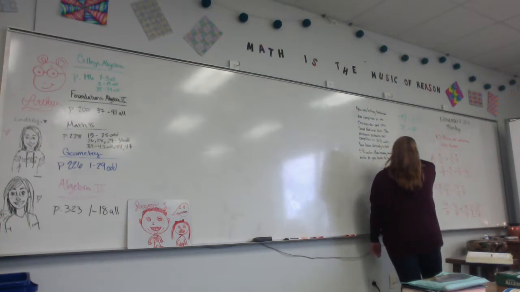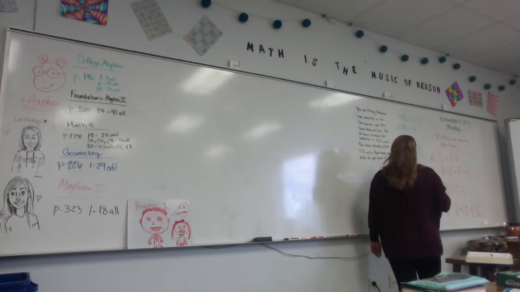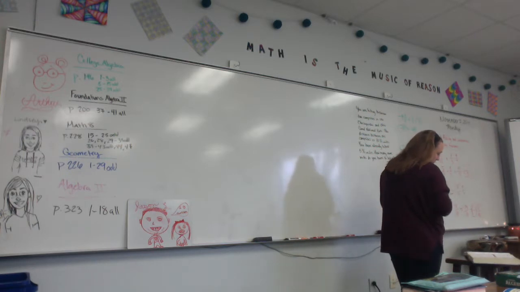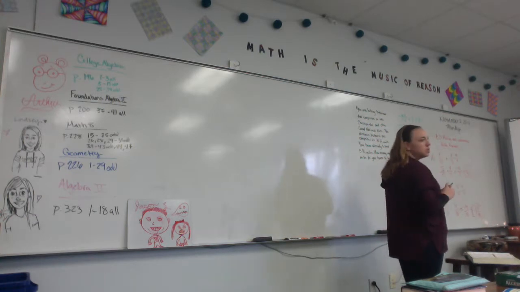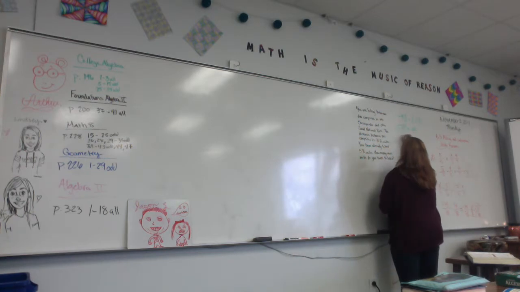Now, we're going to multiply this by what? 11. What's 11 times 22? 242. So negative 242 over 55.